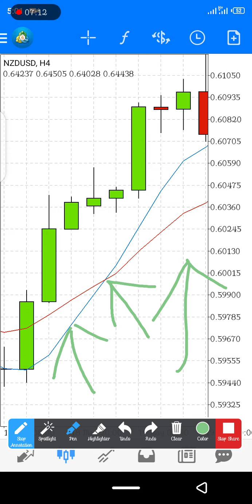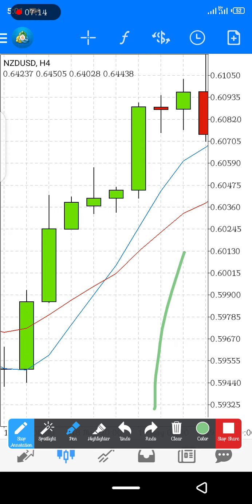You see, it did not cross it down. It crosses up, which is known in forex trade as indicating an uptrend.